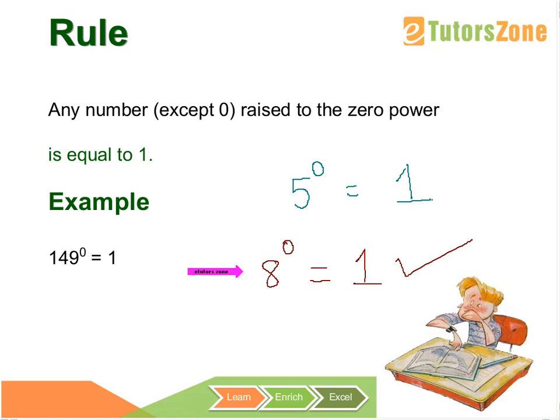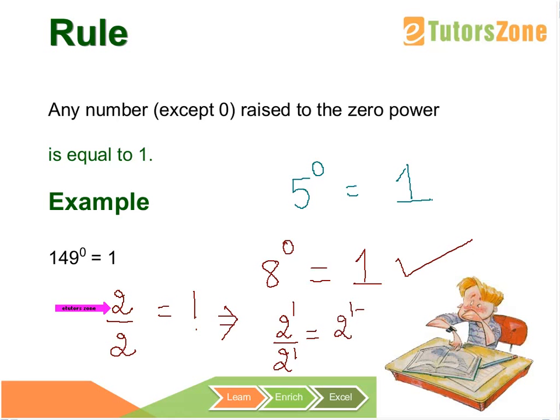Look, when I write down 2 upon 2, what is your answer? 1. That's right, we get 1. So that we get with the help of the exponents rule also. Like 2 raised to power 1 upon 2 raised to power 1. When we have the same base and they are dividing, we just subtract the exponents.